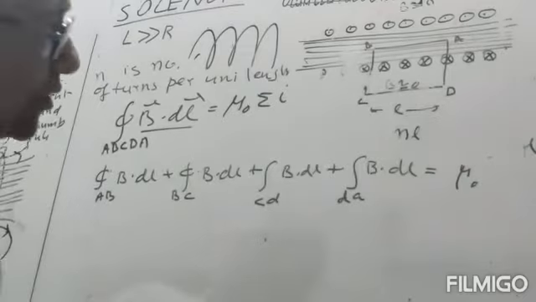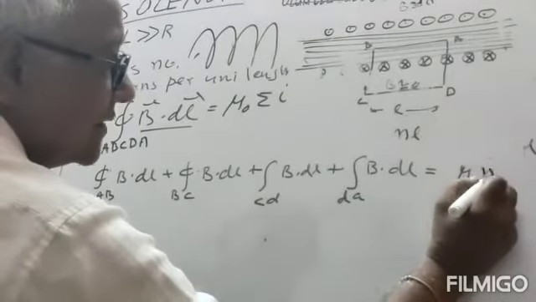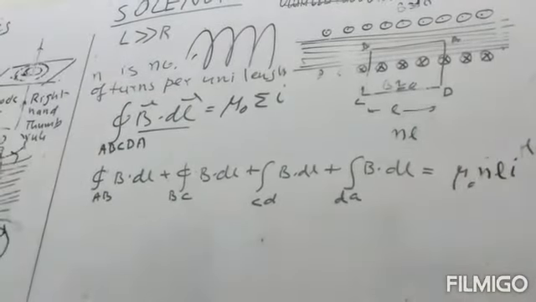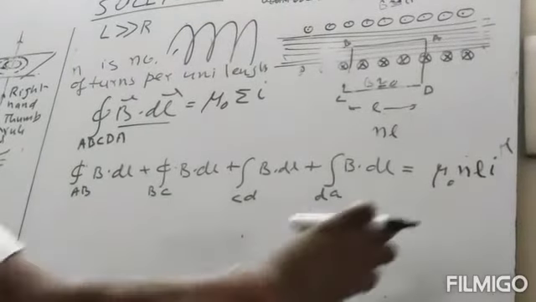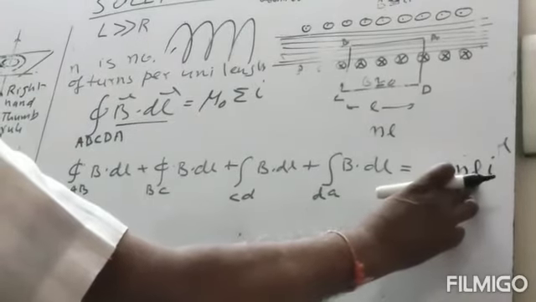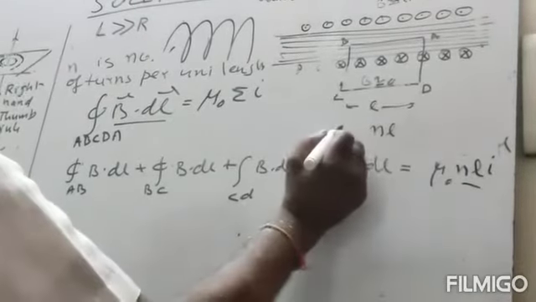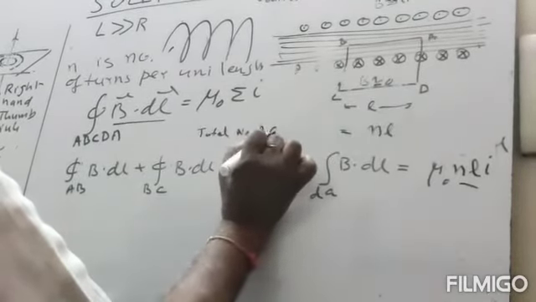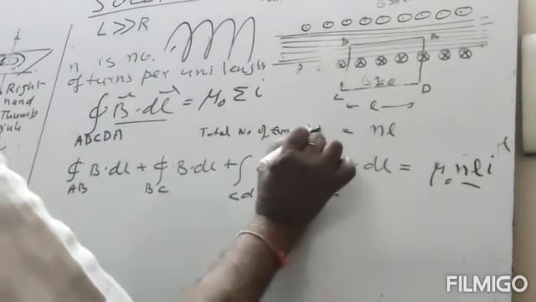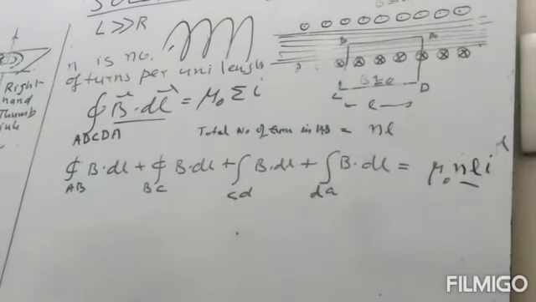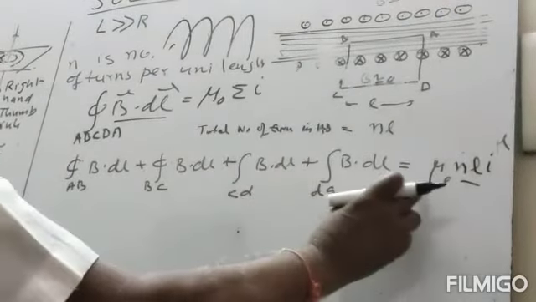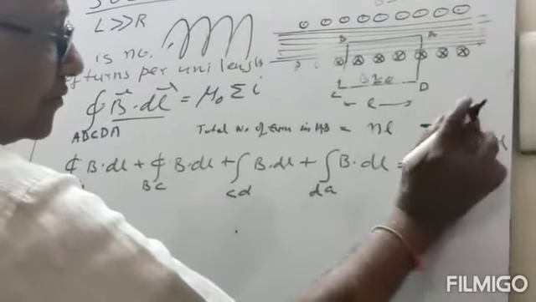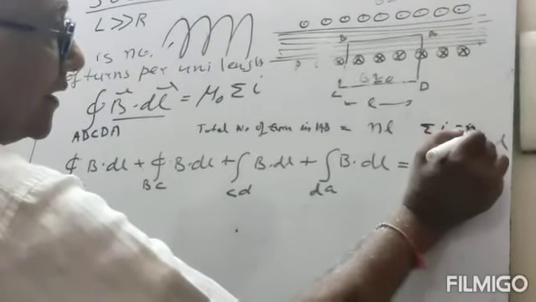So the current will be equal to n into l into I. This will be the total current. n is the number of turns per unit length, l multiplied with it, so n into l will be the total number of turns in length AB. So the summation of I will be equal to n into l into I.